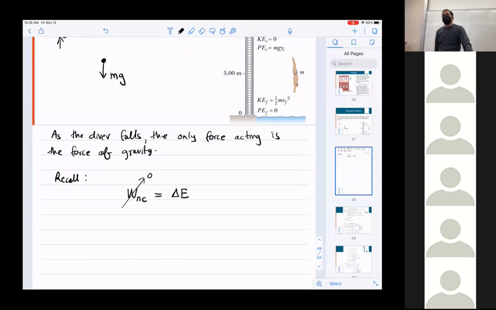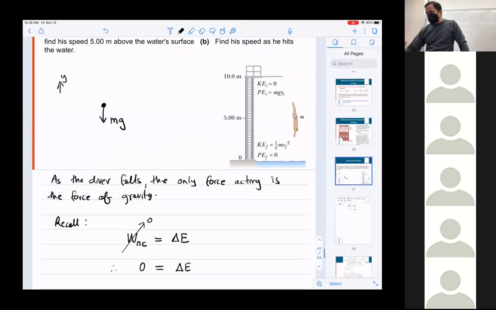So that means in this situation, the change in the energy is zero. Whatever total mechanical energy the diver had up here, the diver will have exactly the same mechanical energy at y equaling 5, because there was no non-conservative force acting on him in this journey. So energy must be conserved.